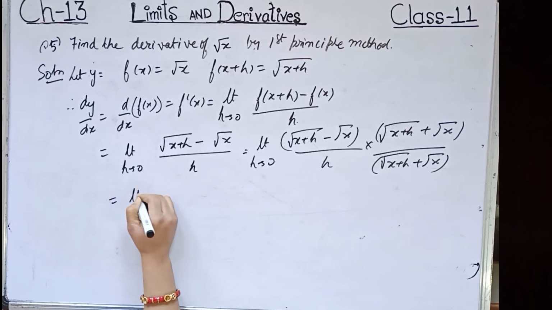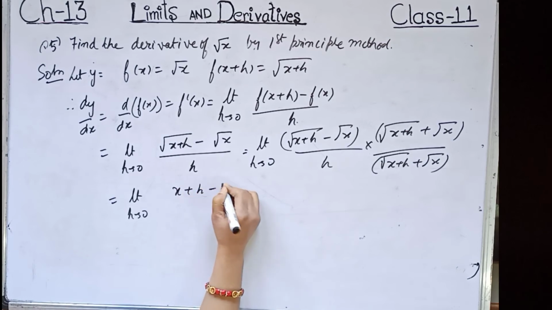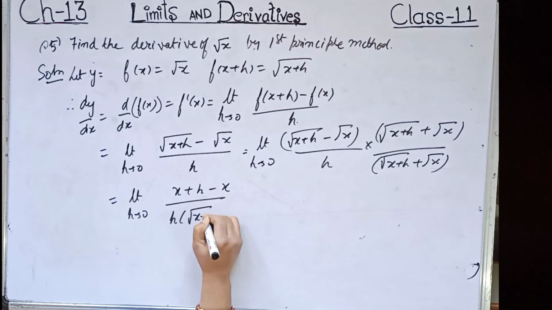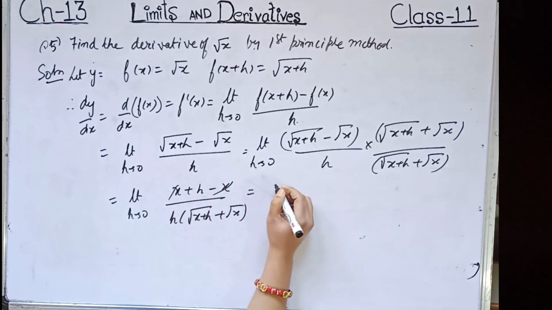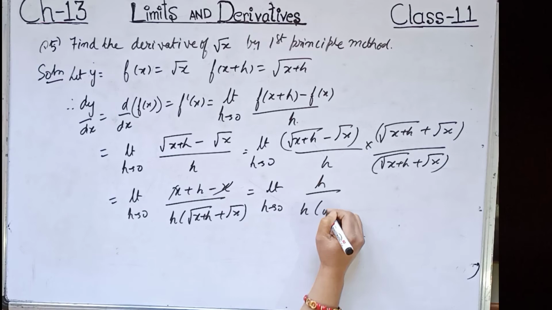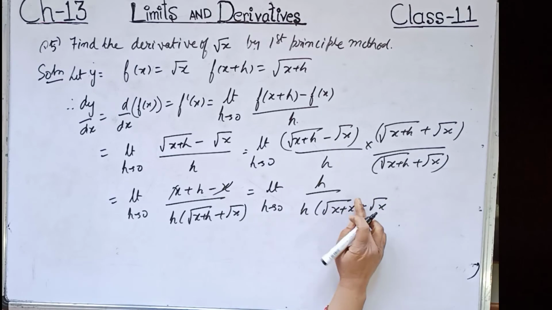So we are getting limit h tending to 0. This will become the a square minus b square formula. So x plus h minus x divided by h into under root x plus h plus root x. This x is cancelled and we are getting limit h tending to 0 h by h into under root x plus h plus root x.